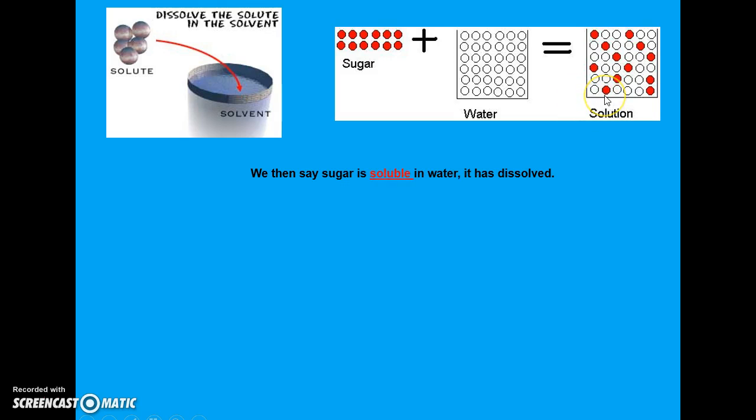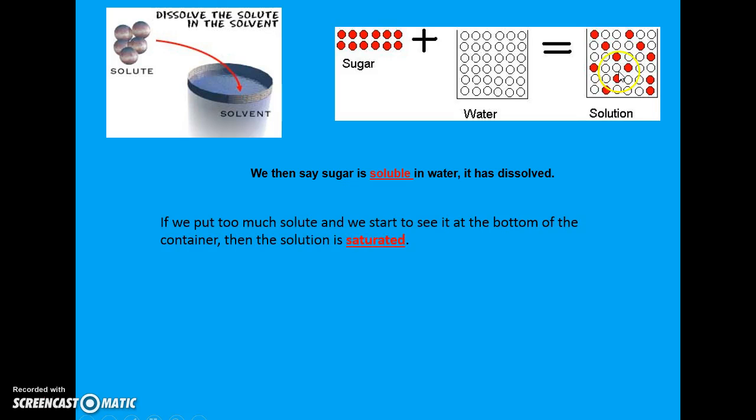When that happens, we say the sugar is soluble because it is able to dissolve in water. However, sometimes if we add too much sugar, the little red particles here don't have room anymore, so they end up sinking in the bottom of the container.